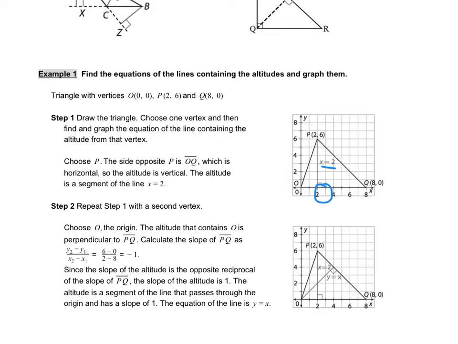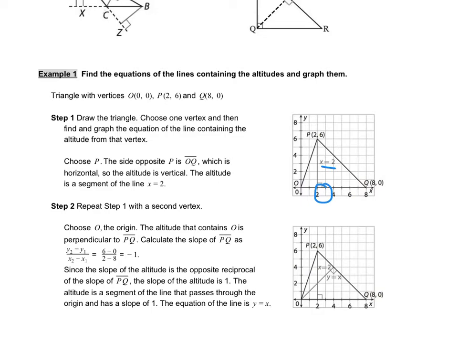Step 2 is to go through that process again with a second vertex. In this case, we're choosing point O, which is the origin. If we want to draw an altitude from O, it needs to be perpendicular to side PQ.